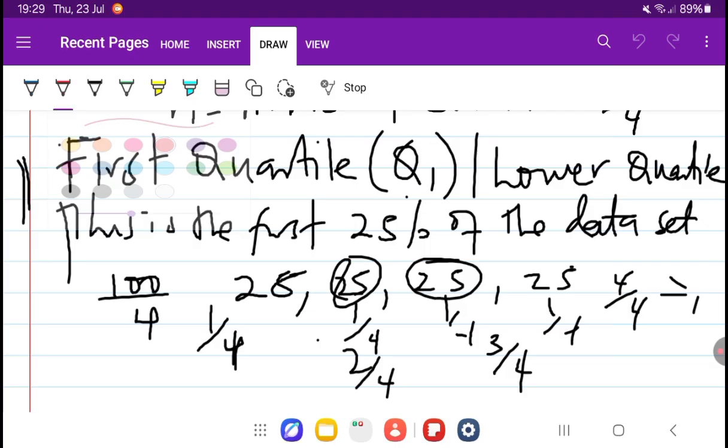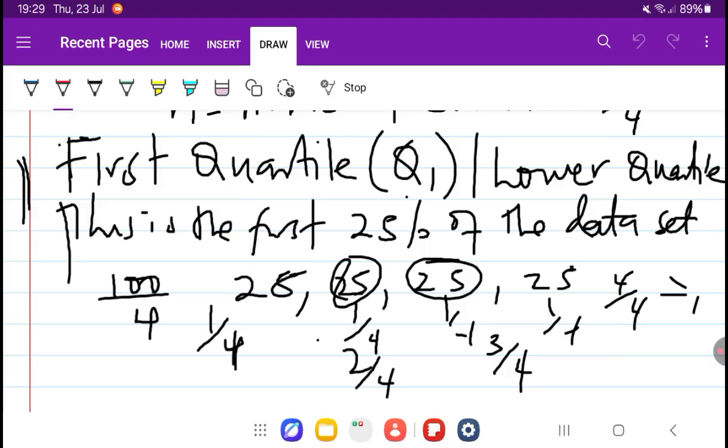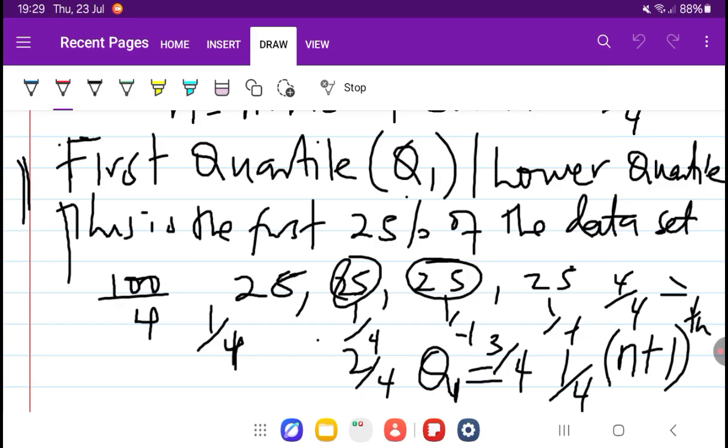So you'll find that your Q1 is going to be 1 over 4 into n plus 1. This Q1 will actually give you the position where that number is located in the data set.